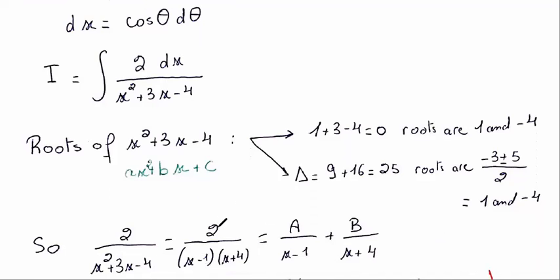So our fraction now becomes 2 over x minus 1 factor of x plus 4. This can be decomposed into two partial fractions, which are A over x minus 1 plus B over x plus 4. Again, I remind you that when we decompose into partial fractions, the numerator in the partial fraction is 1 degree less than the denominator.